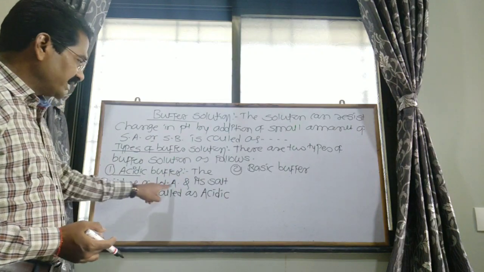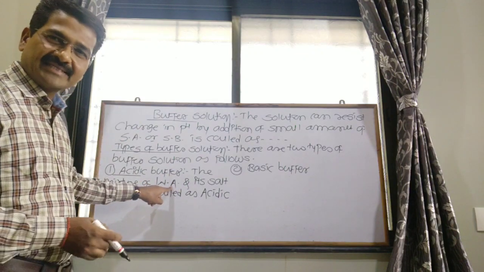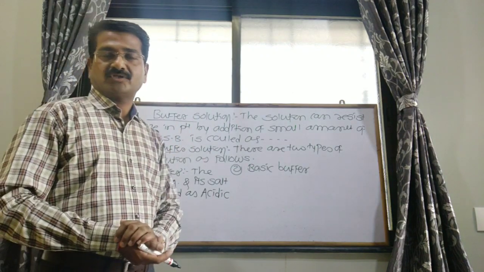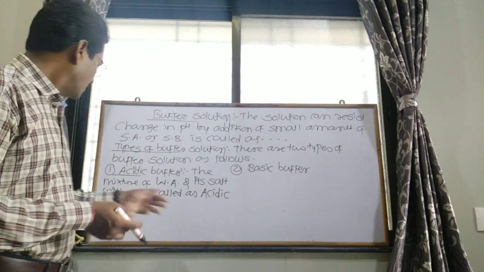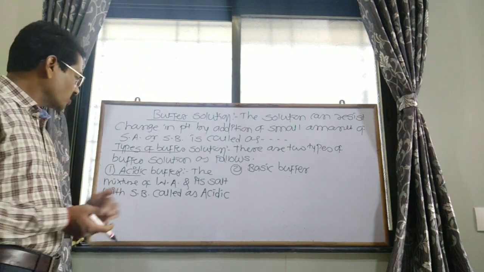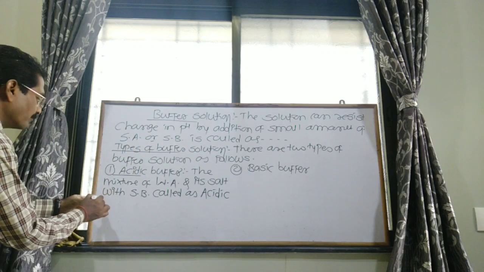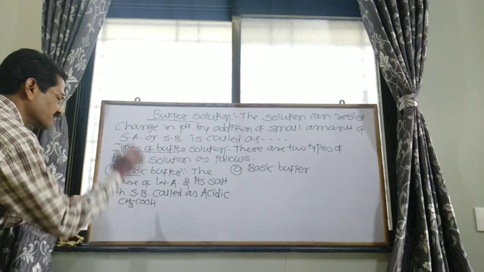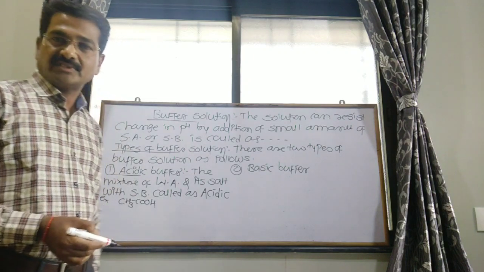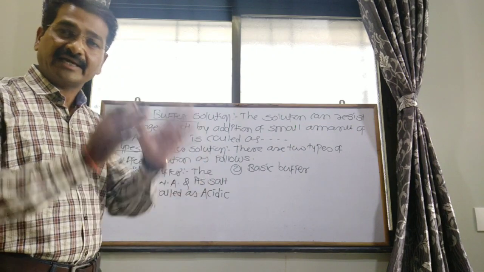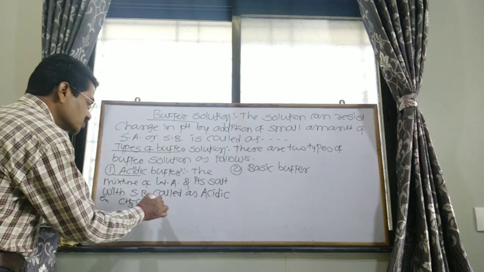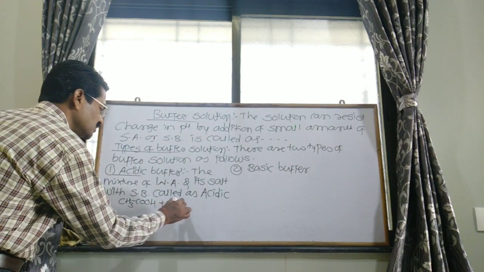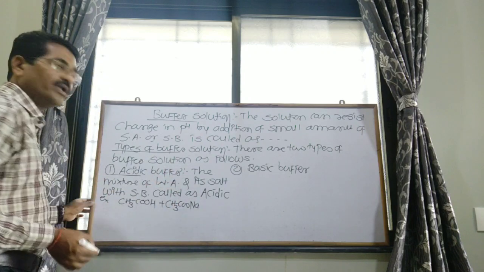The mixture of weak acid, any weak acid, formic acid, acetic acid, hydrocyanic acid, and its salt, not only acid, its salt with a strong base is called an acidic buffer. For example, CH3COOH is the acetic acid and its salt with strong base, that is CH3COONa, sodium acetate.